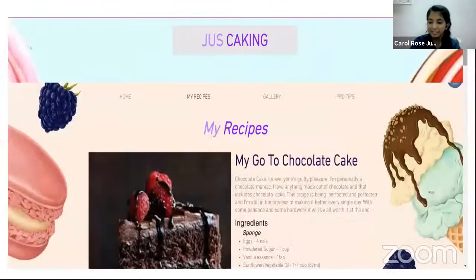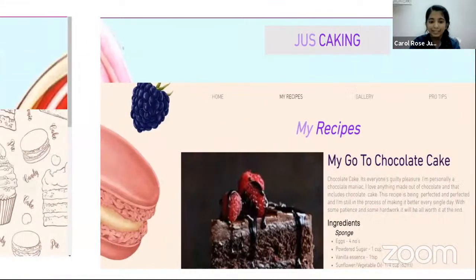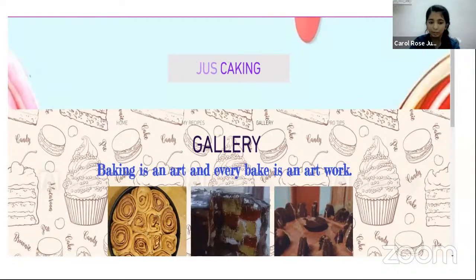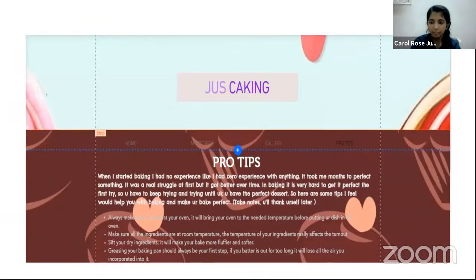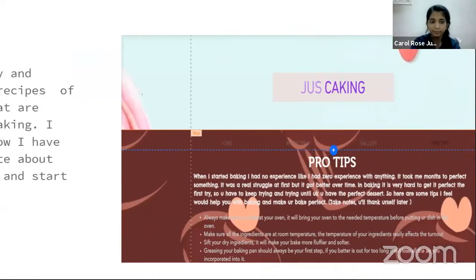Next are some recipes I have tried and tested, and they worked very well. Then I have a gallery of all the bakes I have made over the year, and next, I have some tips which will be very essential for beginners who are just starting to bake.